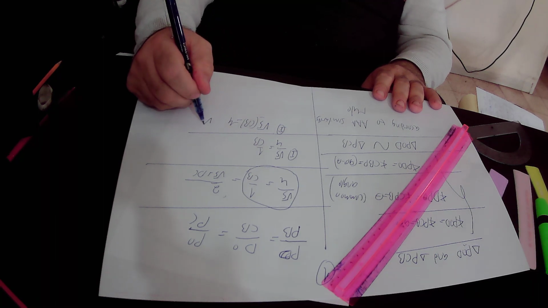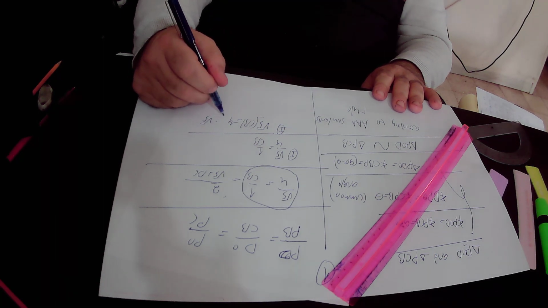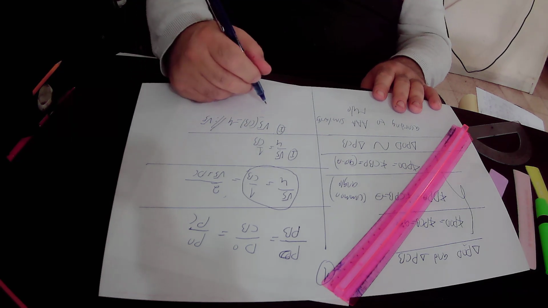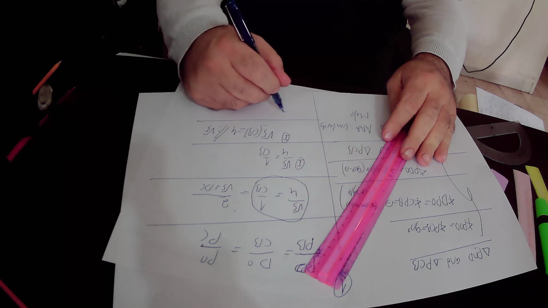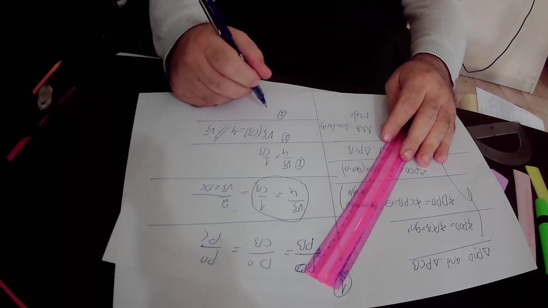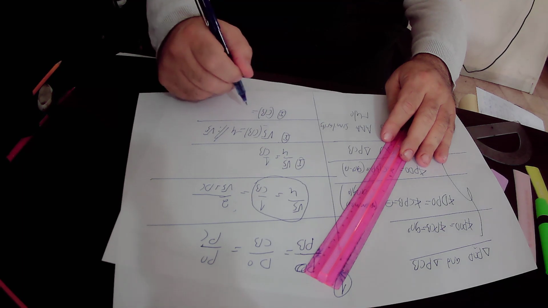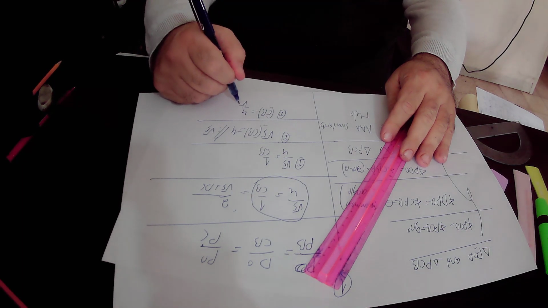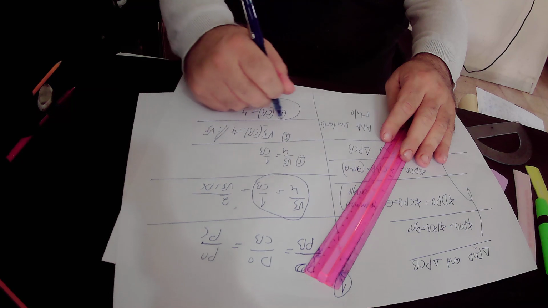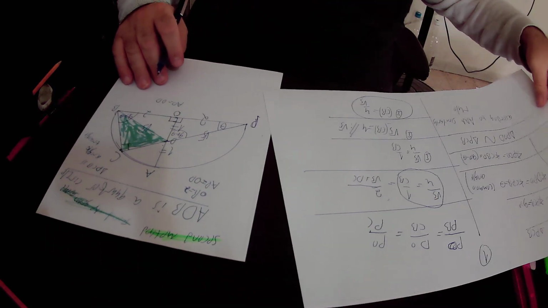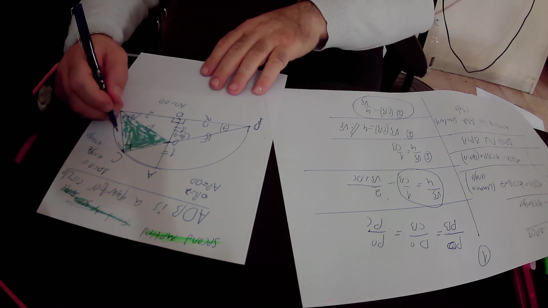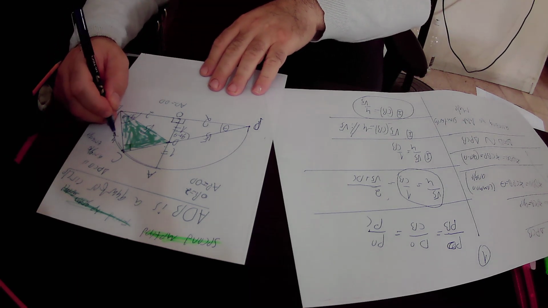Here we divide equation number 1 by square root of 5, and we get that according to equation number 1, CB equals 4 over square root of 5 units.